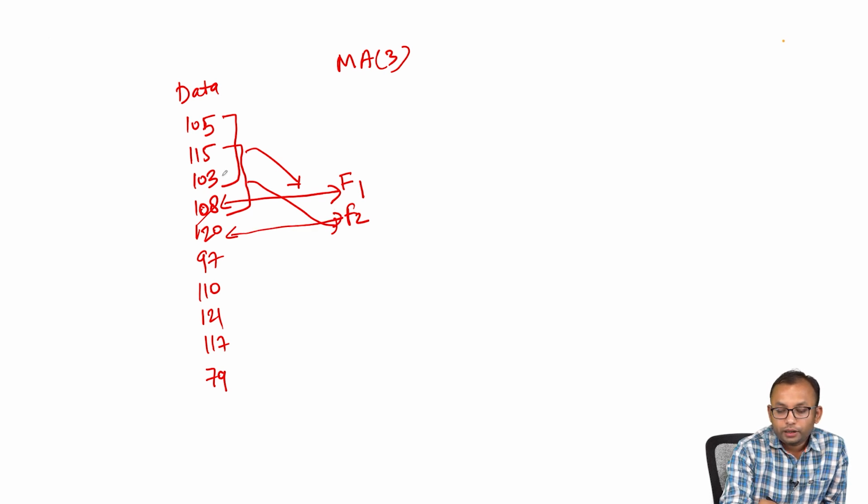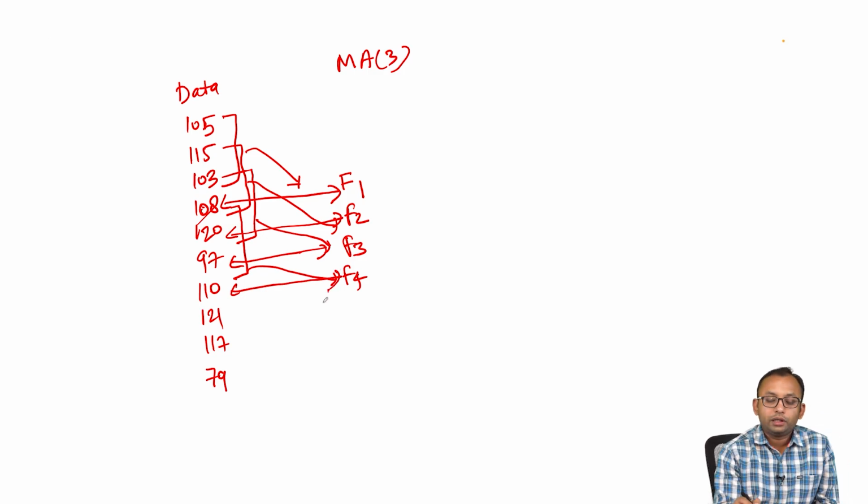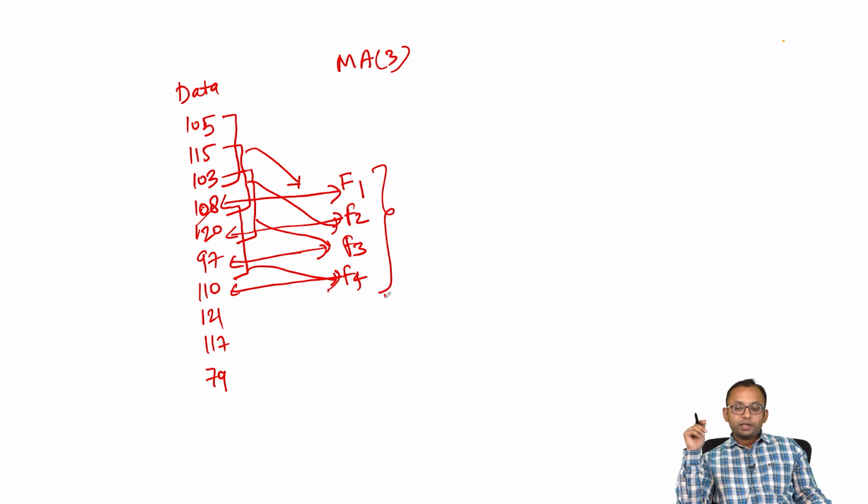Then you can take 103, 108 and 120, calculate F3 and compare with 97. Then take another 108, 120 and 97, calculate F4, and this is how basically you can apply the moving average of 3.